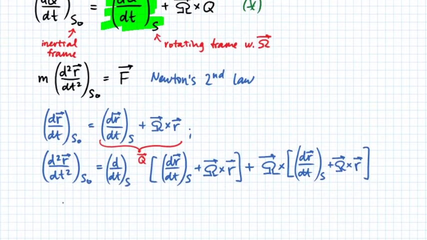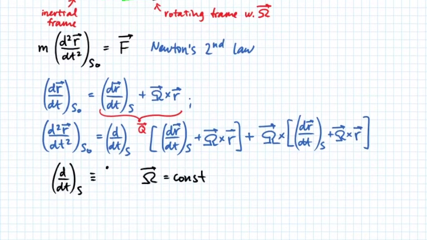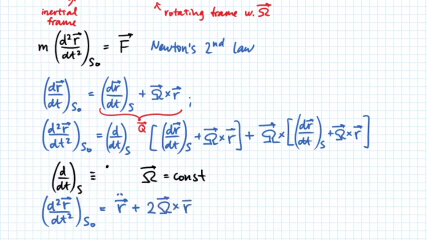Now we'll use notation that d dt relative to coordinate system S we will define as a dot operator, and we will use the fact that omega is a constant vector, so we can simplify the expression above, and we will find that second time derivative of r with respect to time in inertial coordinate system S0 is simply given by r double dot plus we have two terms, omega cross velocity r dot plus, and the last term gives us omega cross vector omega cross r.